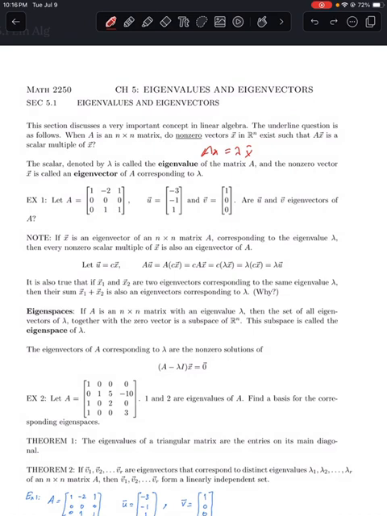If a vector behaves in that way, the scalar is called the eigenvalue of that vector, and the vector itself is called the eigenvector.